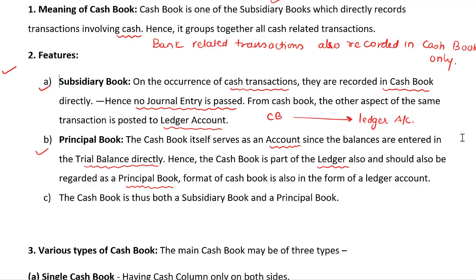Format of cash book is also in the form of ledger account only. So the format is also same. I'll show you the format. The cash book is thus both a subsidiary book as well as a principal book. I hope you are clear.